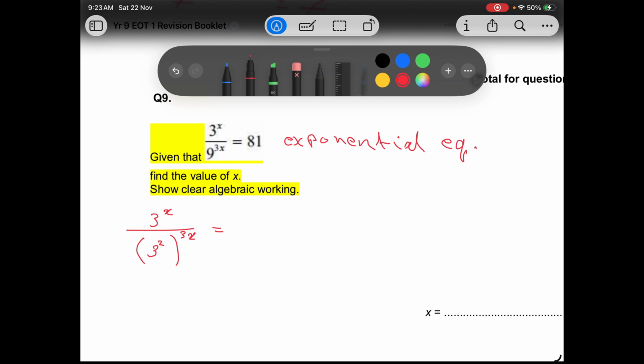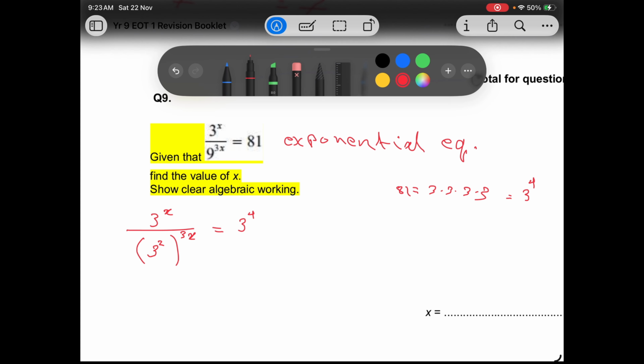3x equals 81. 81 is 3 to which power? Guys, 81 is 3 times 3 times 3 times 3, so it is 3 to the power of 4, as you see. Please, this is very common.